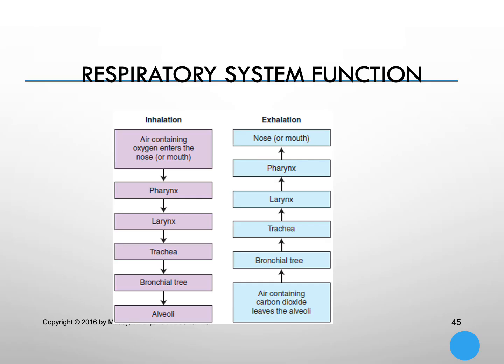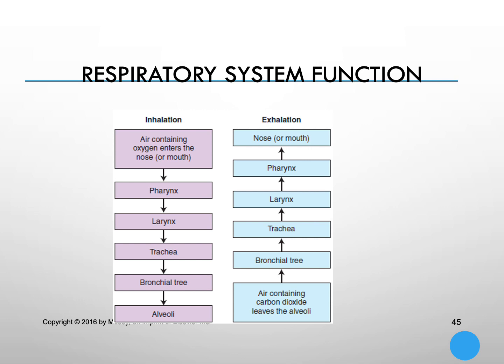All right, so this little diagram just gives us a visual of inhalation and exhalation. So let me run through that really quickly. On the left side, starting at the top, with inhalation, we have air containing oxygen that enters our nose and mouth.